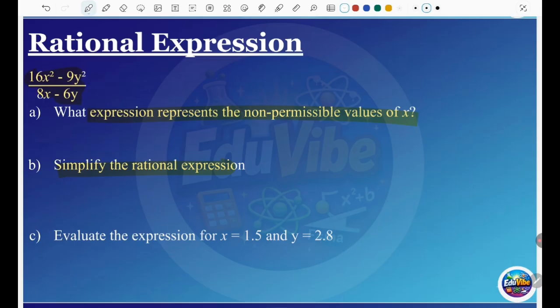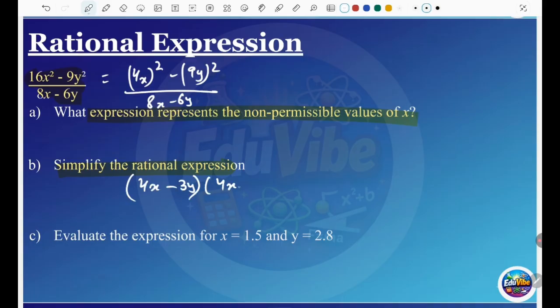So first we do the B part to simplify this term. 16x square minus 9y square is basically 4x whole square minus 3y whole square, divided by 8x minus 6y. This is of the form a square minus b square, which gives 4x minus 3y and 4x plus 3y. In the denominator, we have 2 in common, so we have 4x minus 3y.